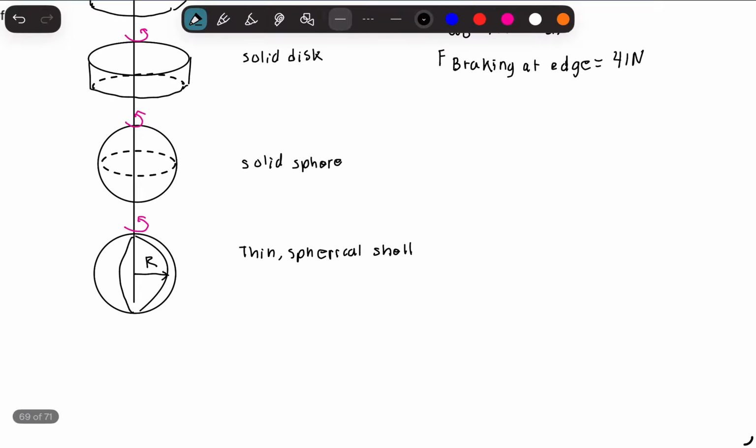So first we want to find what the torque applied is. Our force was 41.